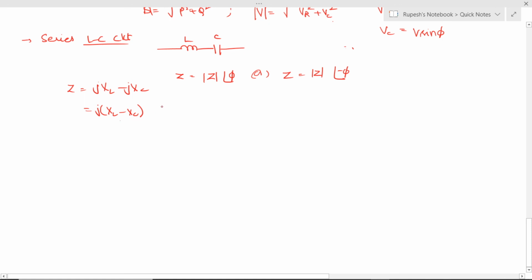If XL is greater than XC, that means it is an inductive circuit and phi will be positive. If XL is less than XC, then it is a capacitive circuit. In that case, the phi will be negative. So the first case is if XL is greater than XC, then it will be an inductive circuit.